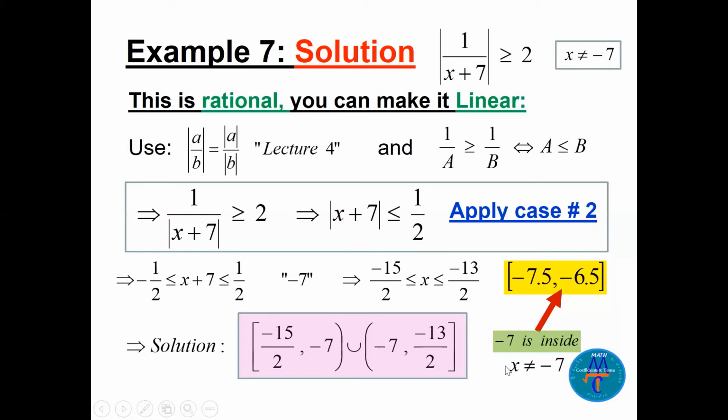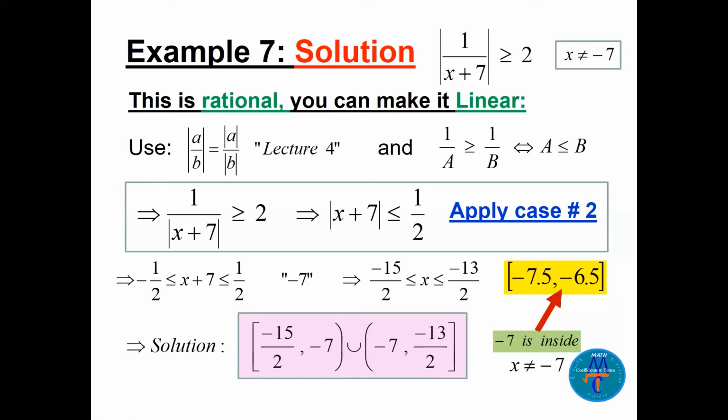And we see minus 7 is inside here, so I have to remove it. So the final solution becomes minus 15 over 2 closed to minus 7 open, union minus 7 open to minus 13 over 2. That's the solution.